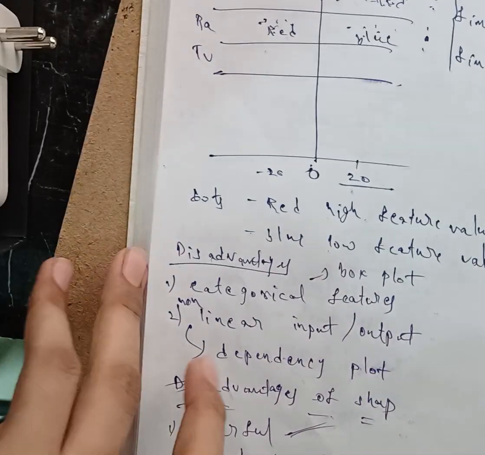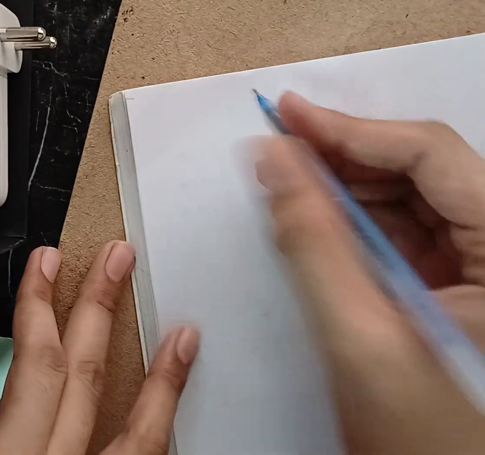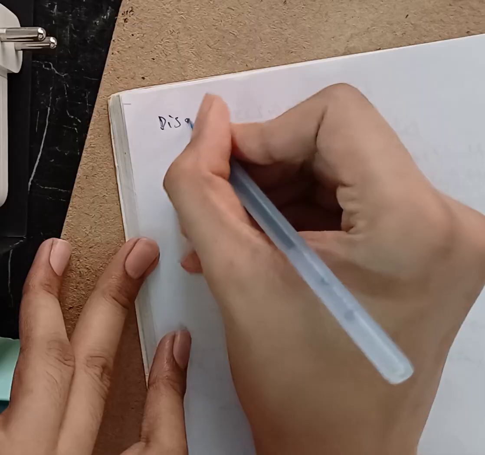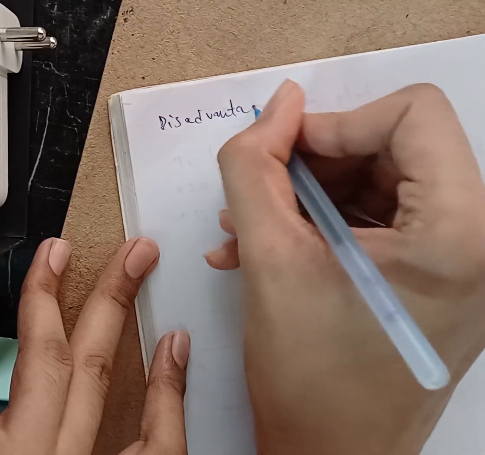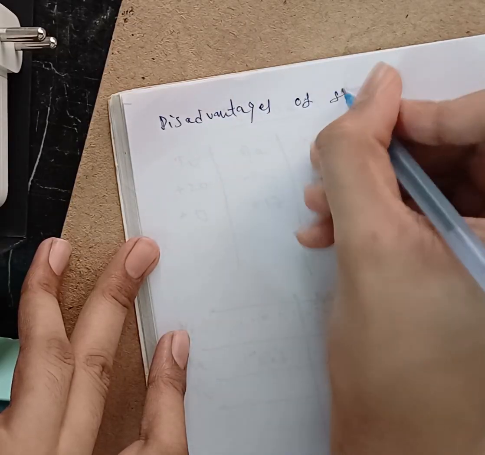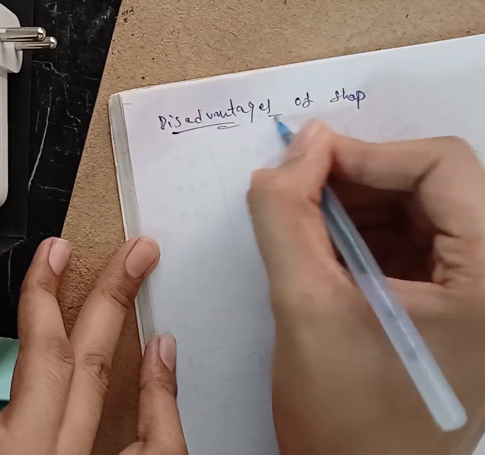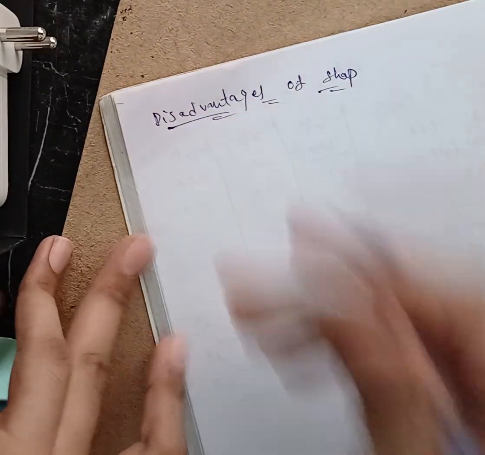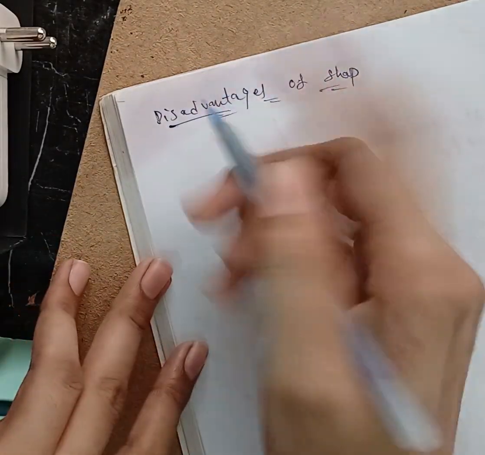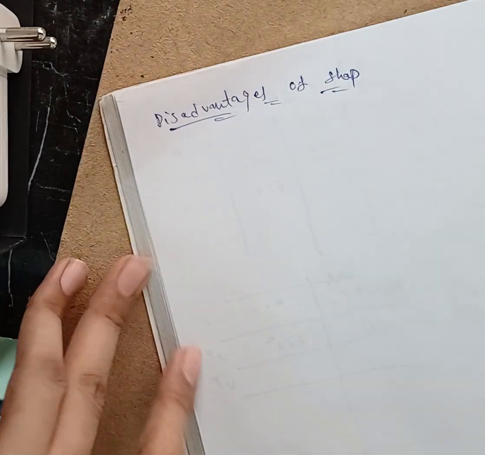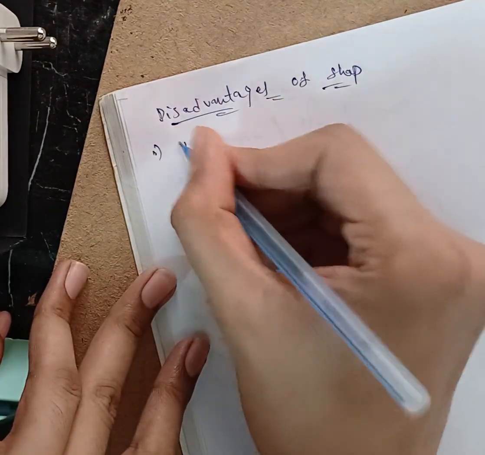Okay, now let's come to what are the disadvantages of SHAP. The disadvantage of SHAP is mainly time complexity.